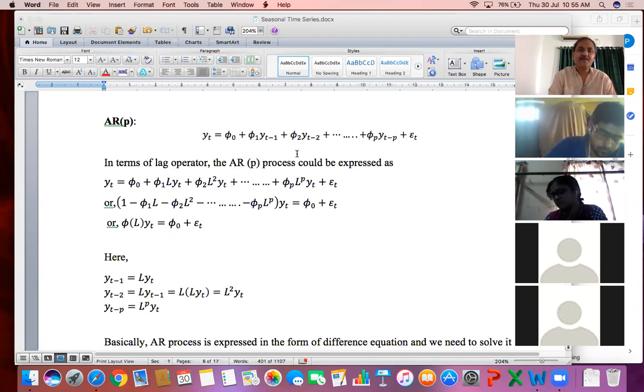The number of unit roots present in a series determines the order of integration. If this series contains p unit roots, it will be called integrated of order p. If the series Yt contains only 1 unit root, we say it is integrated of order 1. For 2 unit roots, integrated of order 2.